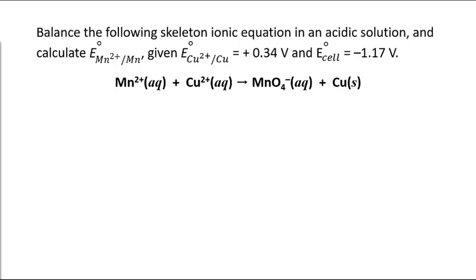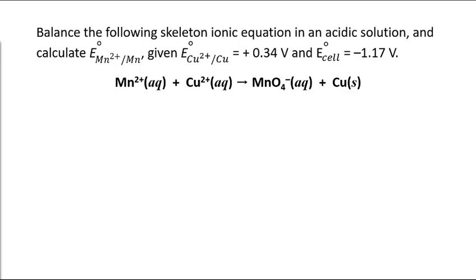The first thing you need to do whenever you look at these types of problems is the same thing you would do if you were balancing this reaction in an acidic or basic solution. The first thing to do is split this into 2 half reactions. Very easily you can figure out which 2 of the 4 species belong to one another.